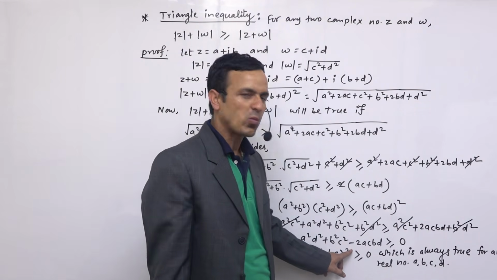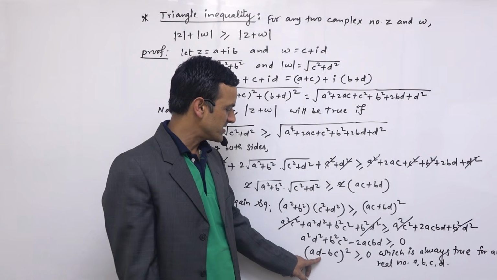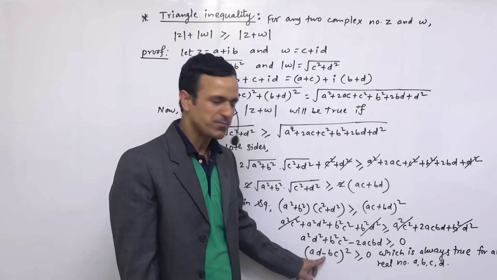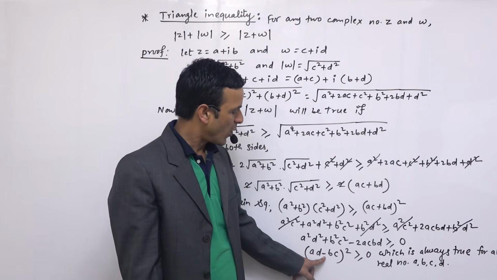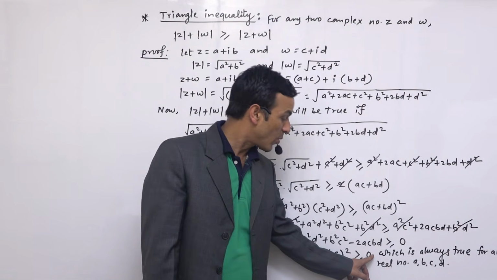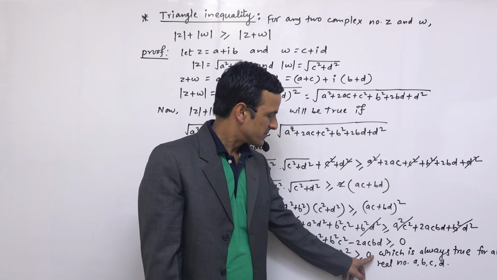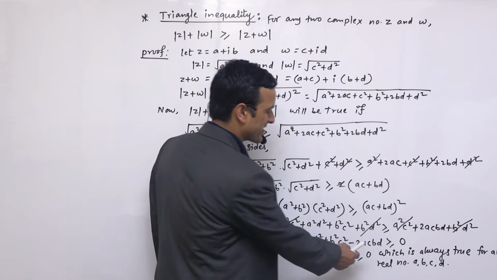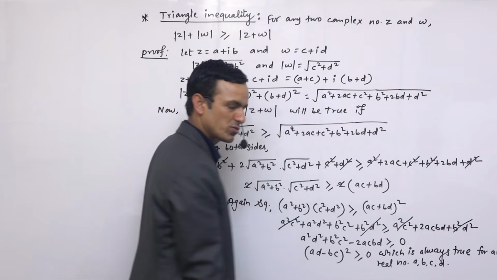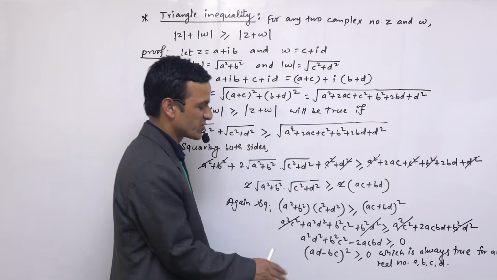So this is the square, and the square of any real number is always a real number which is greater than or equal to 0. So this is always true.